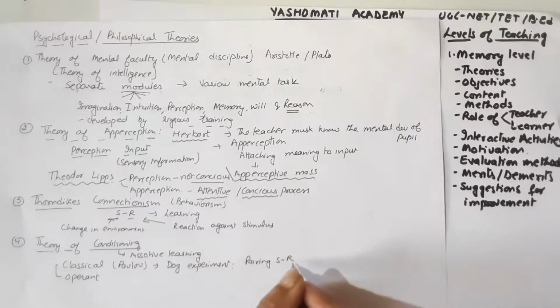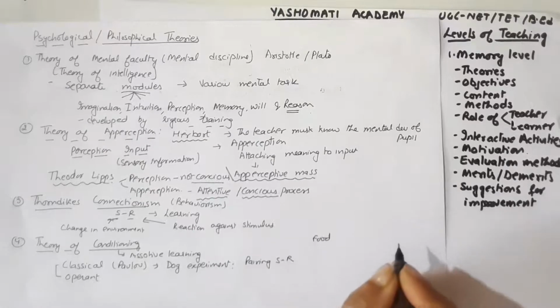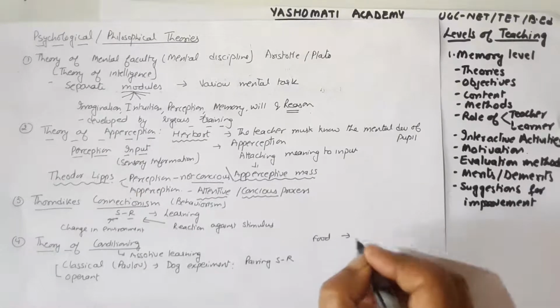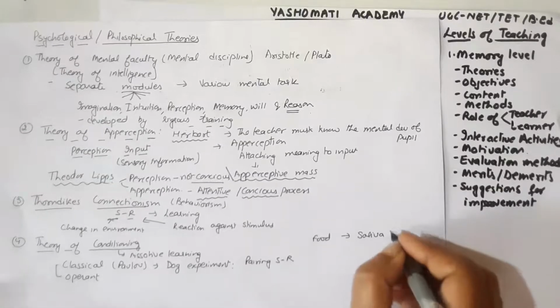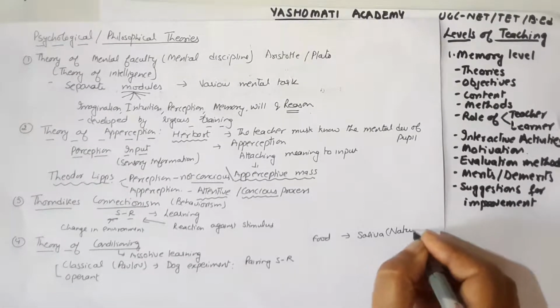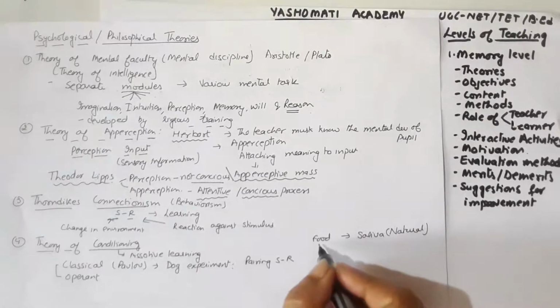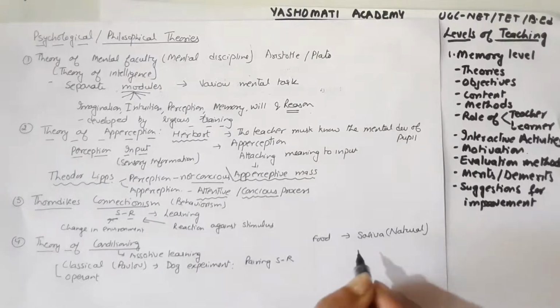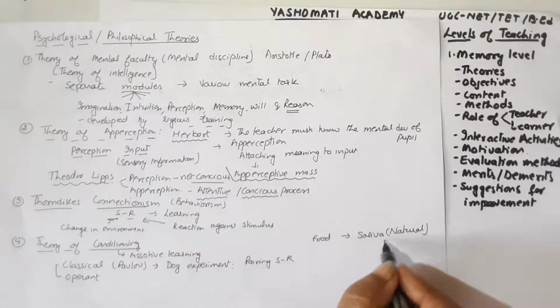There are certain natural responses which are produced against a stimulus. For example, whenever a dog sees tasty food, its mouth produces saliva, which is a natural response. But we can attach some artificial stimulus to food, to which the dog can be conditioned to produce the same response.